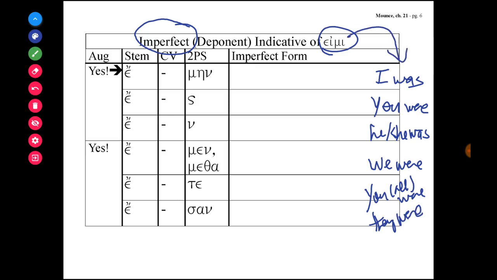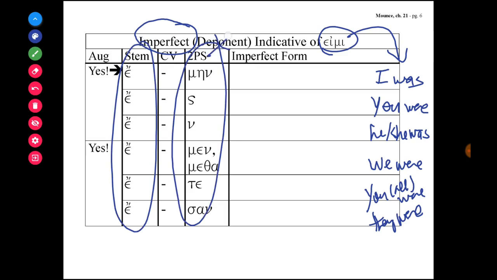And the stem is listed here as simply an epsilon. Here we also have the secondary active suffixes. And the augment is going to make the stem go long. So you're actually not going to see the epsilon, you're actually going to see eta all the way across the board.